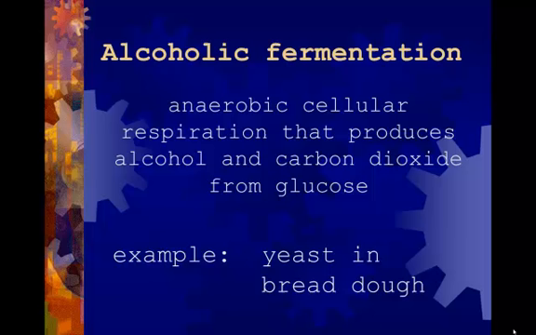Now remember, with aerobic, you get like 36 or 38, so it's much more efficient than the anaerobic. That would be, again, why God chose that to be the main way for most cells to get their ATP molecules. So anaerobic cellular respiration that produces alcohol and carbon dioxide as byproducts from the glucose is known as alcoholic fermentation.